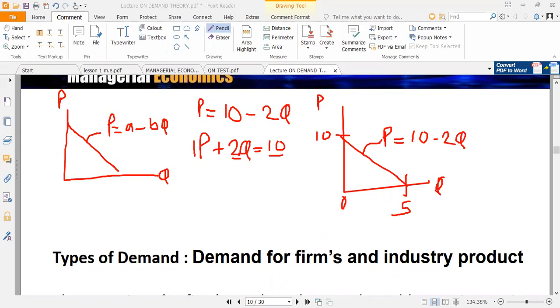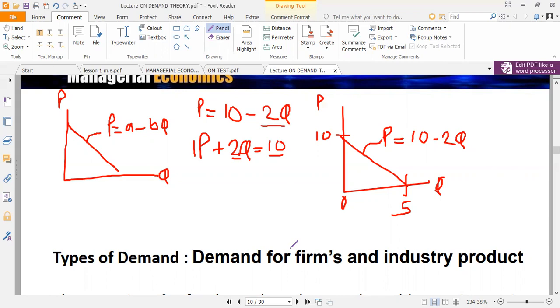Yes. So the question was, how did we rectify our graph here? We're given price is equal to 10 minus 2Q. You take this on the other side, it becomes positive. Then you divide the intercepts.